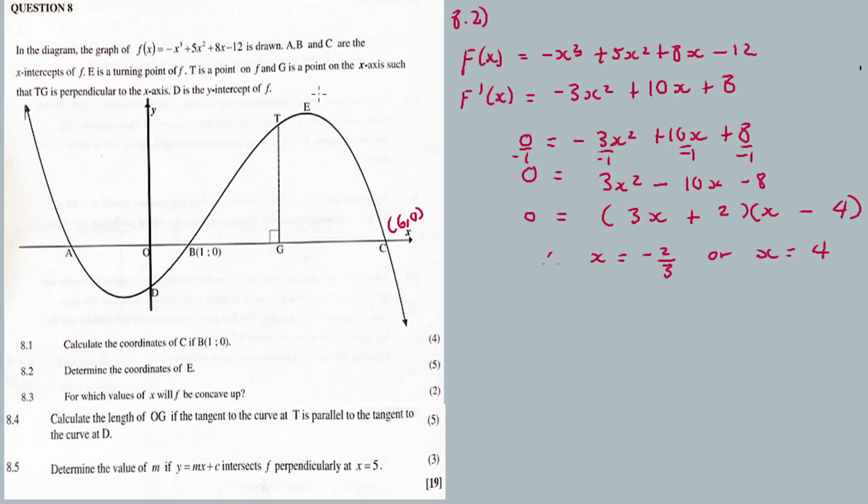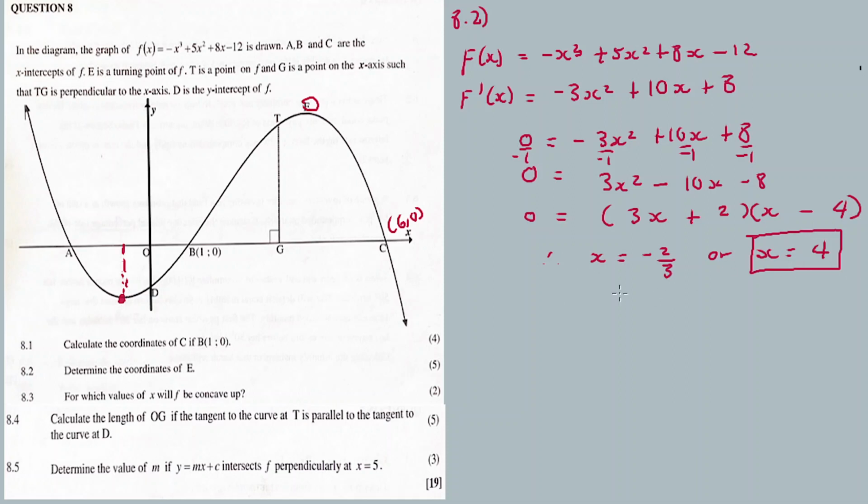Remember I want the coordinates of E as a whole, I want the x and the y. So the x coordinate of E will be x equal to 4, and this x equal to minus 2 over 3 will be the x coordinate of this other turning point, which they did not give you a letter for.